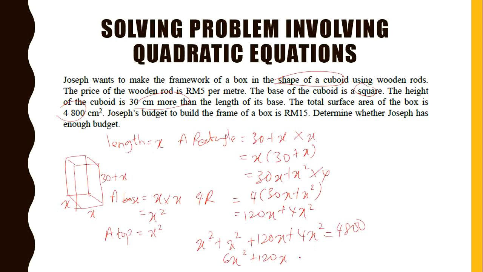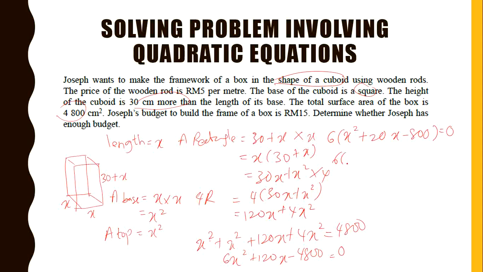4,800 pindah ke sini akan jadi negatif. Here is 0. So, untuk yang ni, before kita substitute masuk dalam Eqn, kita factorize dulu kalau boleh factorize. Yang ni kita boleh keluarkan 6. 6 kat luar. So, here will be x square plus 20x minus 800 equals to 0.